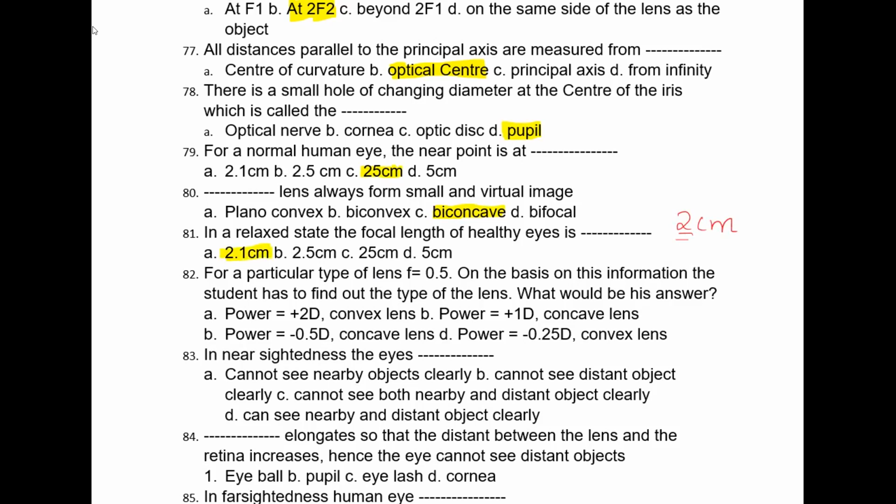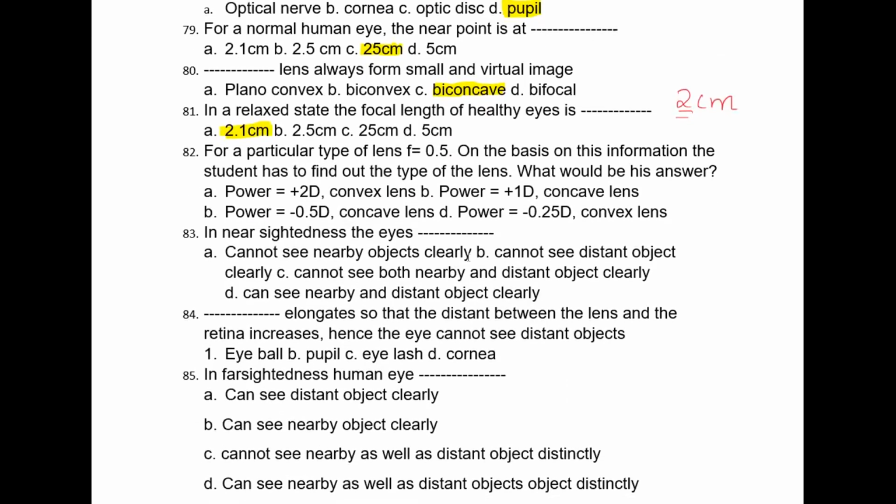Next question is, for a particular type of lens, f is equal to 0.5. On the basis of this information, the student has to find out the type of lens. Focal length is given, f is equal to 0.5. We know that P is equal to 1 upon f. On substituting this value, 1 upon 0.5 will come.